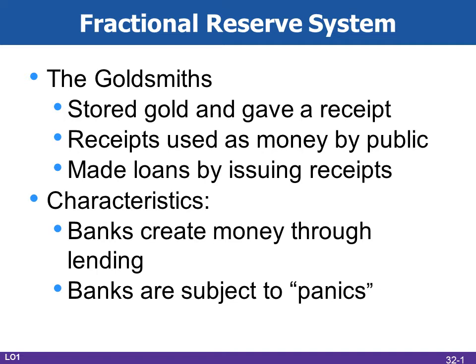If they all use the same goldsmith, we'll creatively call him Goldie Goldsmith, they all drop off their $100,000 worth of gold. The goldsmith issues them each $100,000 worth of receipts. So in total, there was 10 times 100,000, or $1 million worth of receipts in circulation.